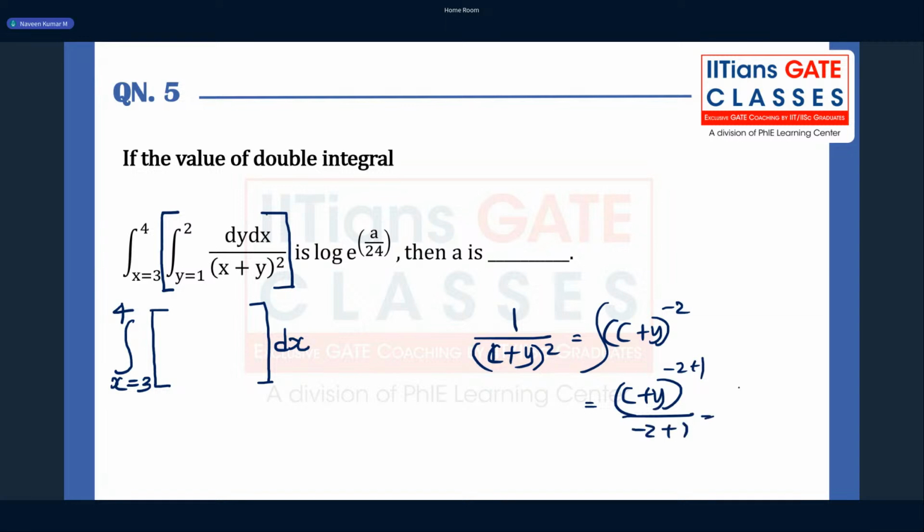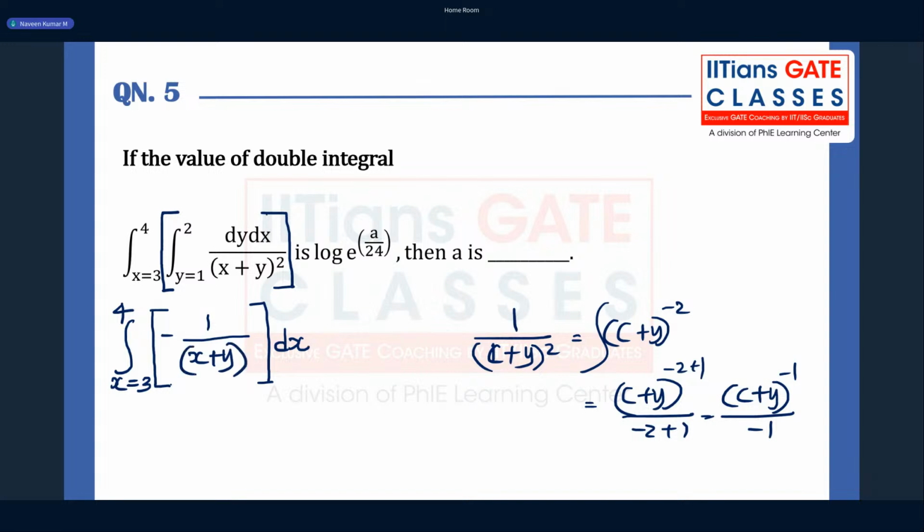So this will be (c plus y) to the power of minus 1 over minus 1. So it will be minus 1 by (x plus y). That's it.